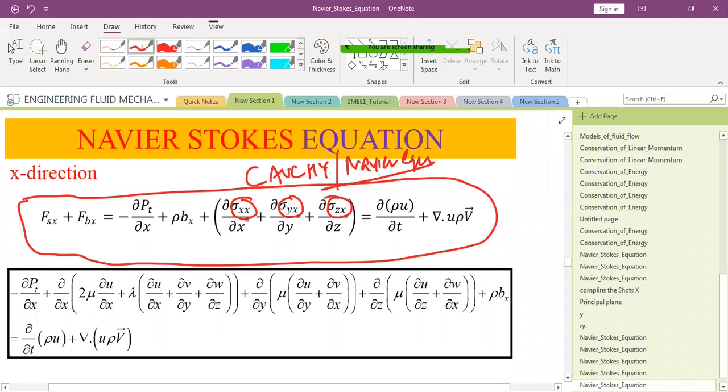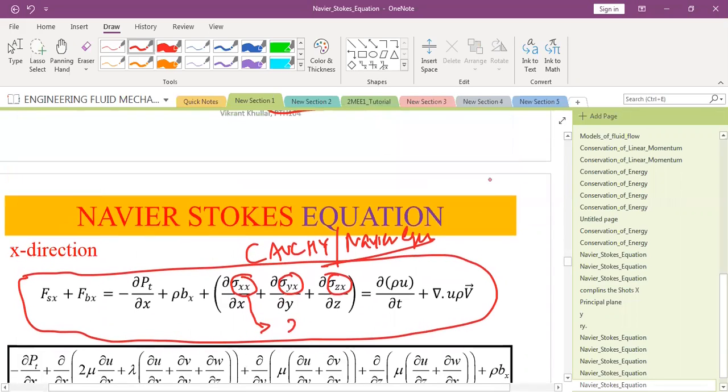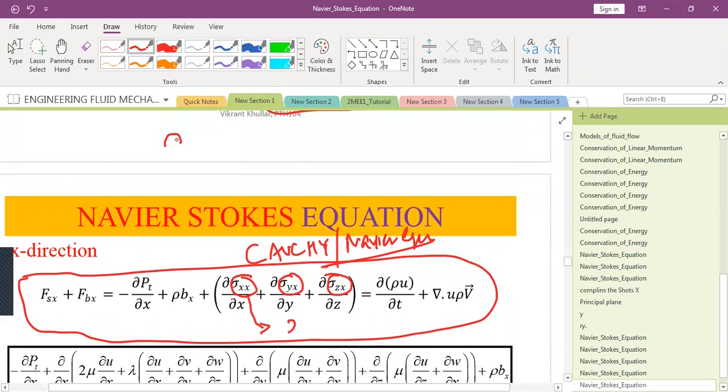What is sigma xx, if you remember? Think. Not the principal stress. Tau xx is minus pt plus 2 mu E dot xx plus lambda delta dot.